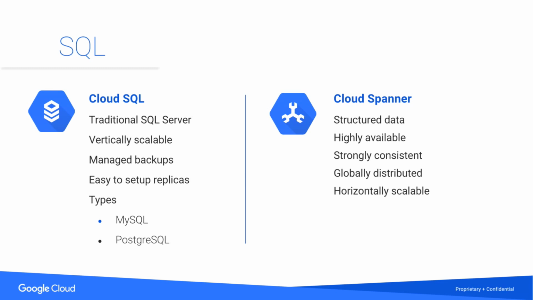Google internally uses a product called Spanner, and we've made that available this year. Cloud Spanner is actually a highly available, strongly consistent, globally distributed, horizontally scalable database. Essentially, it's a SQL database for big data and massive amounts of transactions.